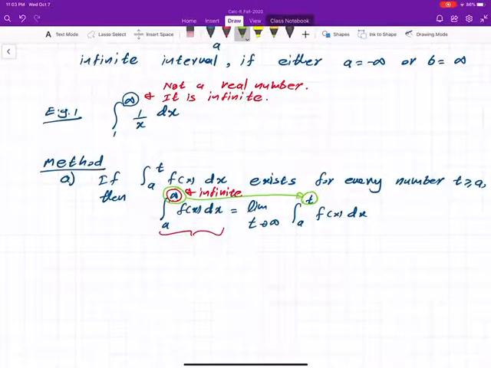Okay, t is not infinity, it is just a real number, and then you integrate with t. Once you have integrated, you send this t to infinity. Okay, you say t goes to infinity. This part is technically similar to that, but the advantage is you do not integrate with infinity right there. So that is the first case.